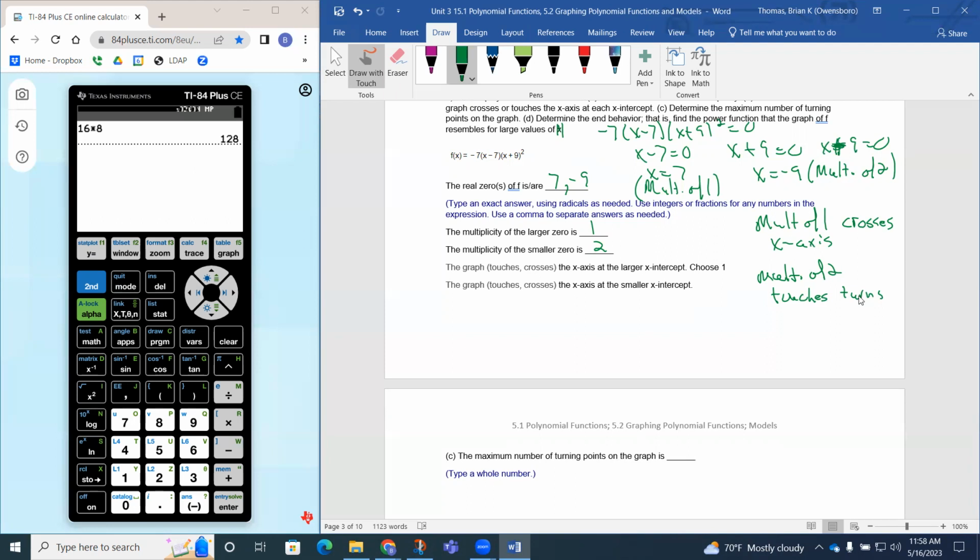So if I look at this function up here, y equals, if I clear this all off, I'll put that -7 in, parenthesis x minus 7, and then in parentheses x plus 9 squared.